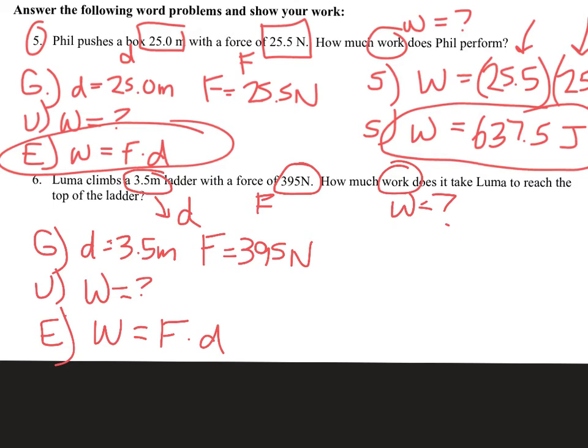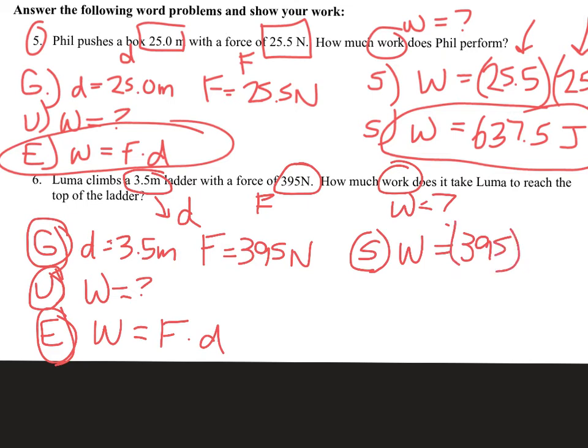So E stands for equation, U stands for unknown, G stands for given, and the first S stands for substitute. So I'm going to substitute in for force, 395, and for distance, 3.5.